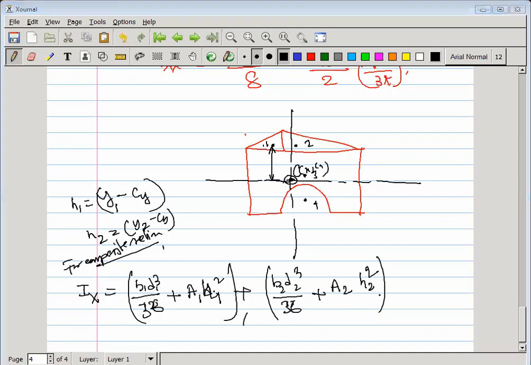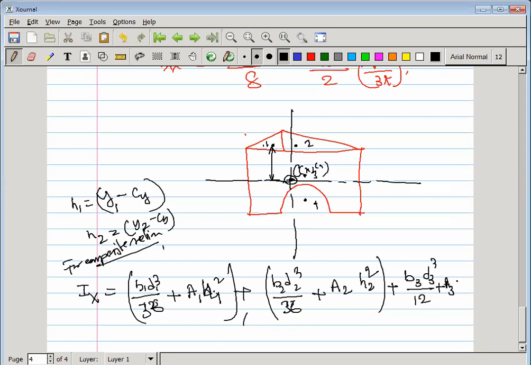Plus b3 d3 cube by 12, for the rectangle, plus A3 h3 square, where h3 is y3 minus cy.